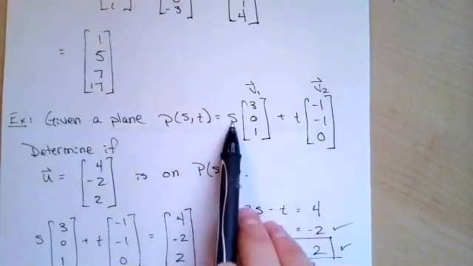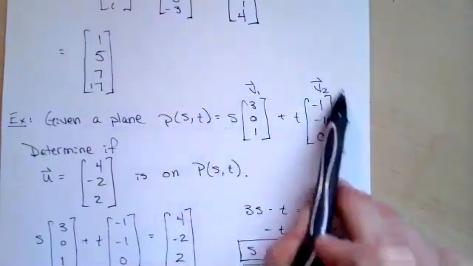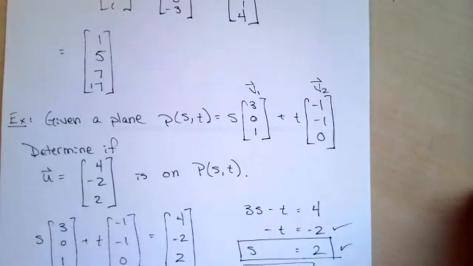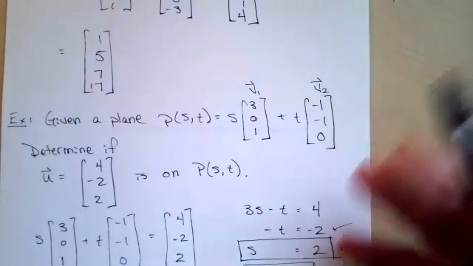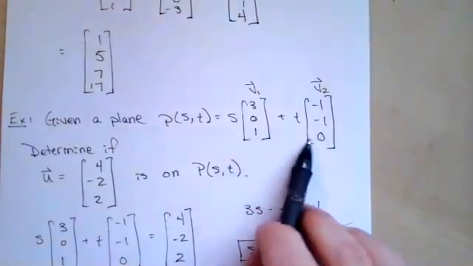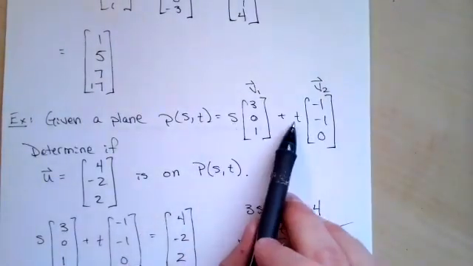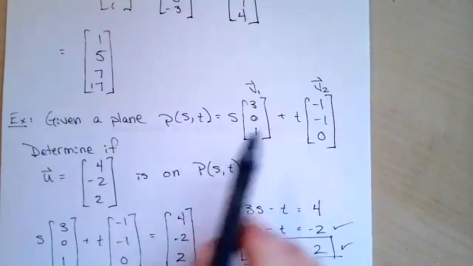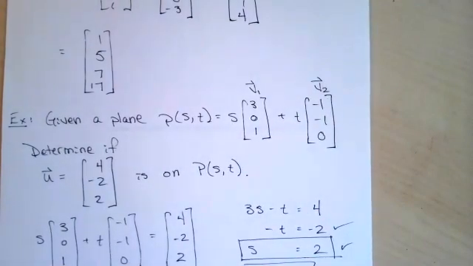So since s and t are arbitrary, this setup right here is necessarily the definition of a linear combination of two vectors. And since we're looking at any value of s and t, any real number, it'll give us the collection of all linear combinations of two directional vectors.